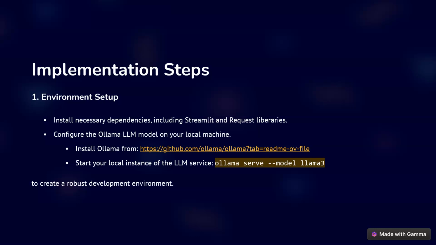Let's walk through the implementation steps. First, we set up the environment by installing Streamlit and necessary dependencies and configure the Ollama LLM model on our local machine.